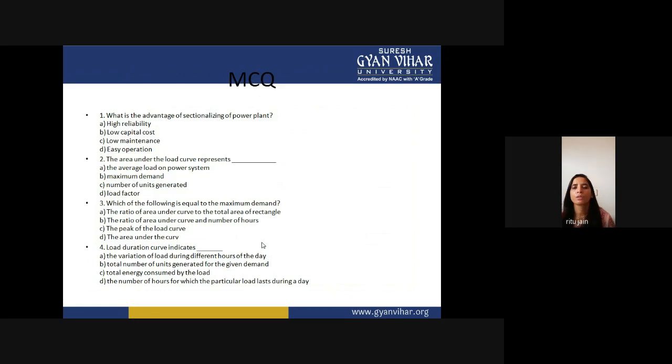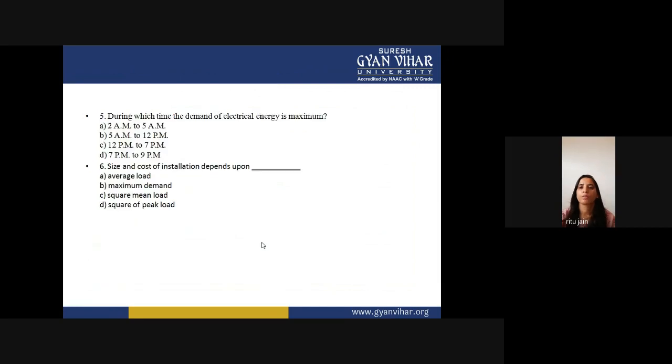The peak of the load curve is defined by the maximum demand. The load duration curve indicates the number of hours for which a particular load lasts during a day. The variation of load during different hours of the day is represented by your load curve.